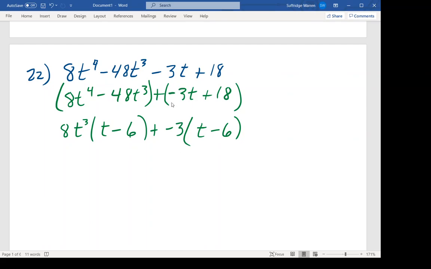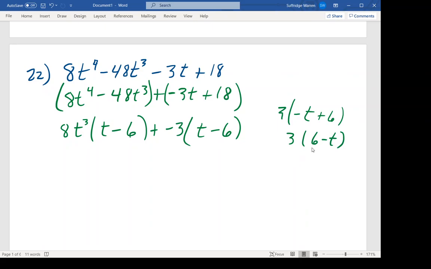So by going ahead and factoring out that negative, what do you notice now about the binomials? They already match. If you would have factored out a positive 3 right here, that would have been 3 times negative t plus 6, which would be the same as 3 times 6 minus t.